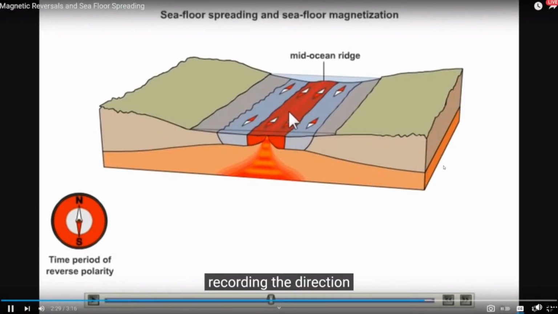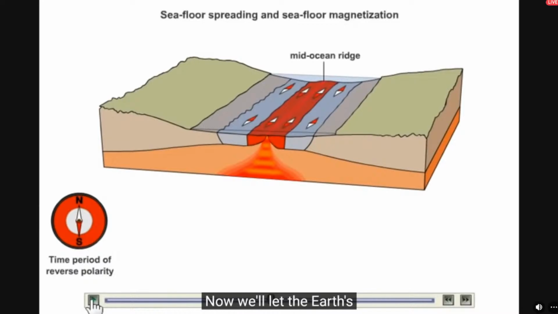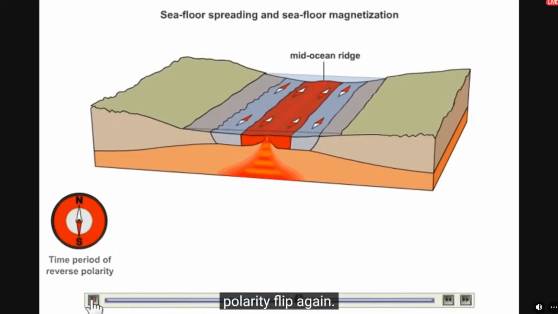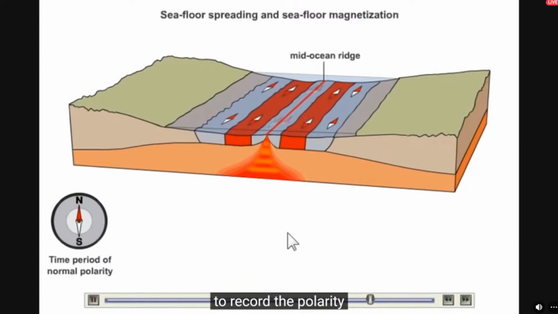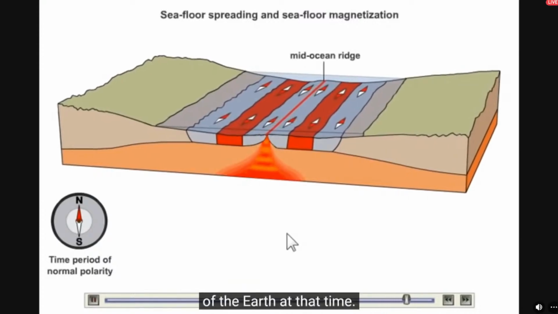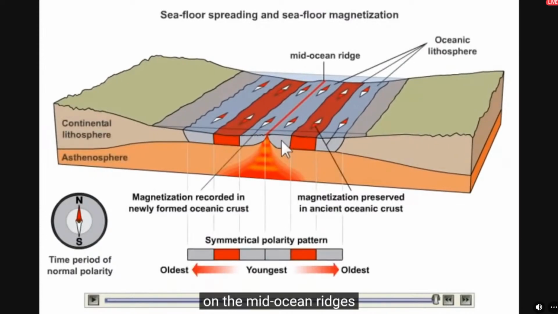The new seafloor is recording the direction of the Earth's magnetic field at a time when it was reversed. Now we'll let the Earth's polarity flip again. Any new lava that forms is going to record the polarity of the Earth at that time. So what we see on the mid-ocean ridges of the world today is a series of stripes, symmetrical stripes on both sides of the ridges of seafloor rock that's magnetized in the same direction as the magnetic field today, older rock that's reversed, still older rock that's back to normal.